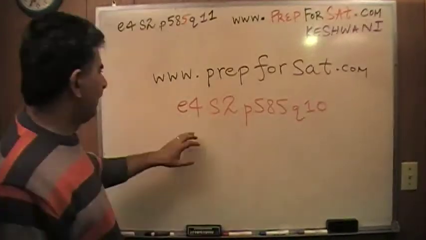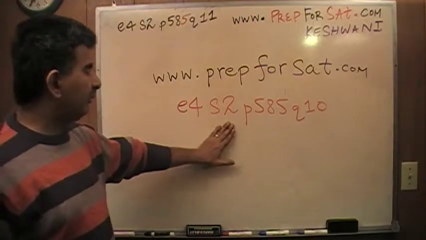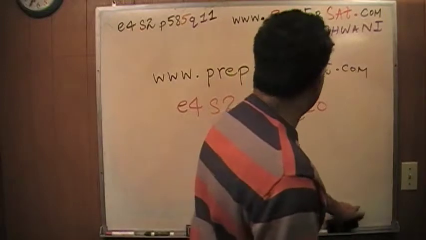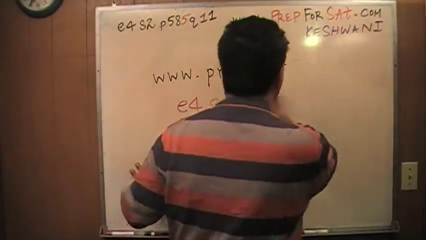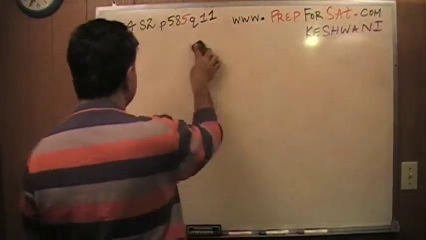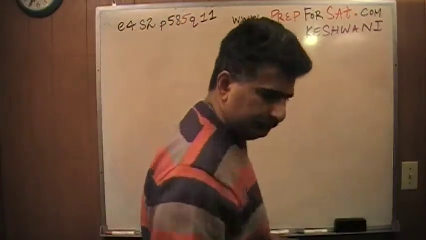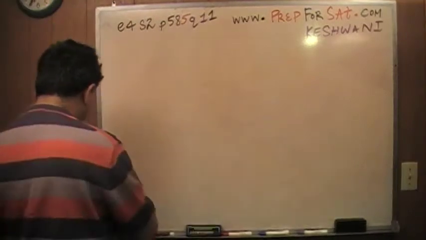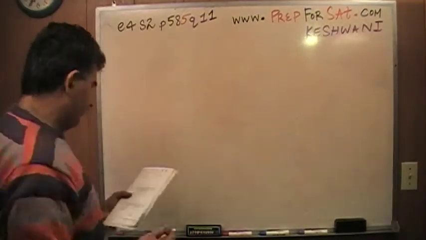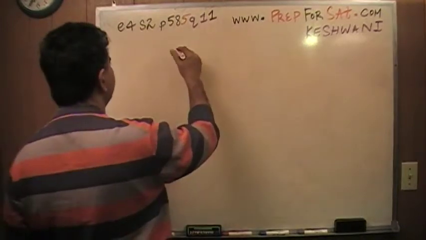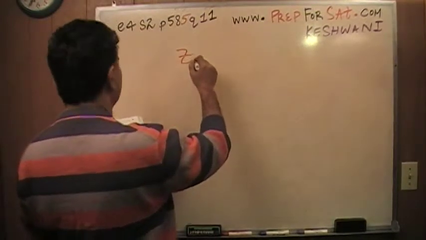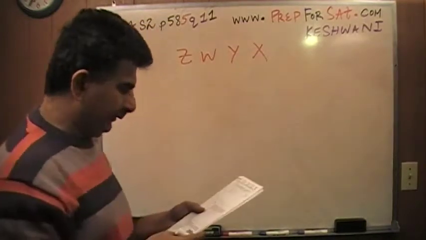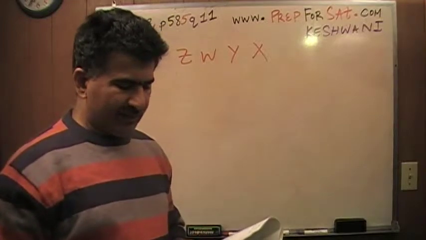Right now I'm going to solve the problem that appears in exam number 4, section number 2, page 585, question number 10. Let's take a look at it. We are given a sequence which looks like that: Z, W, Y and X. The sequence above may be changed in either of 2 ways.